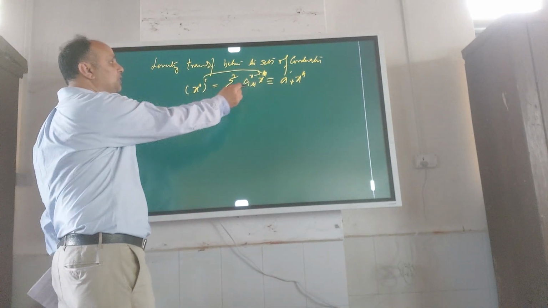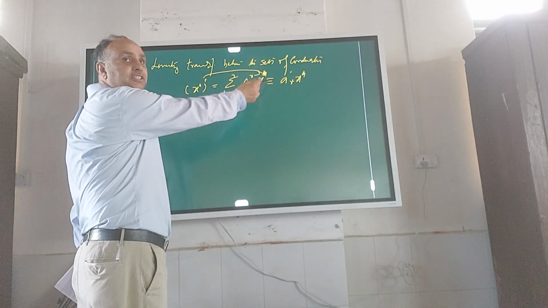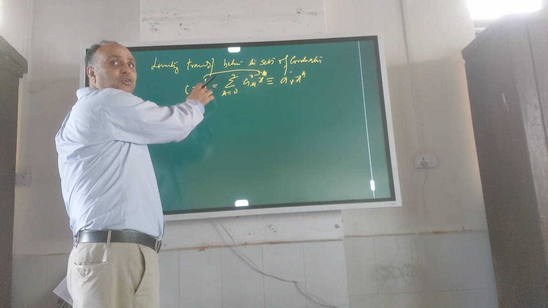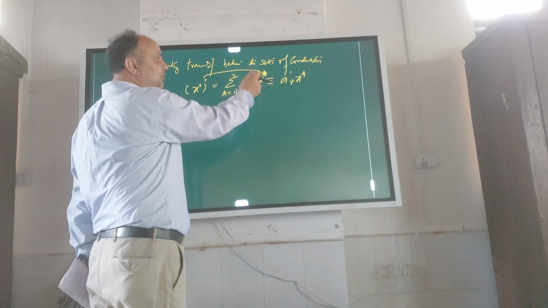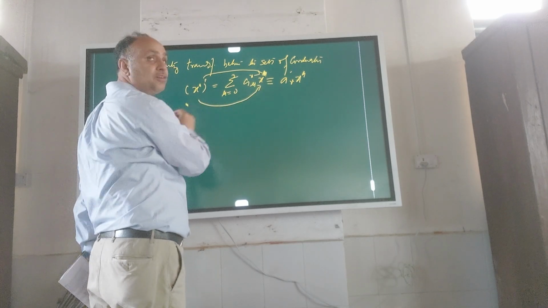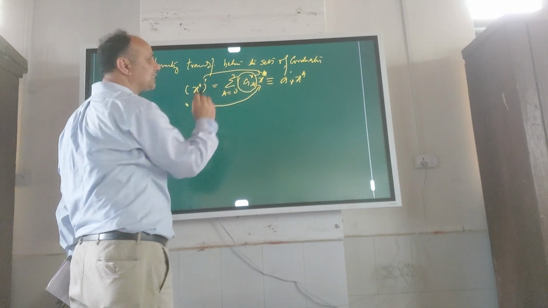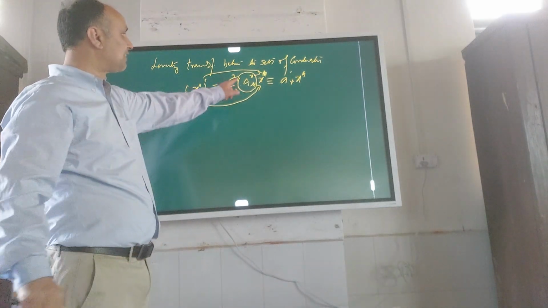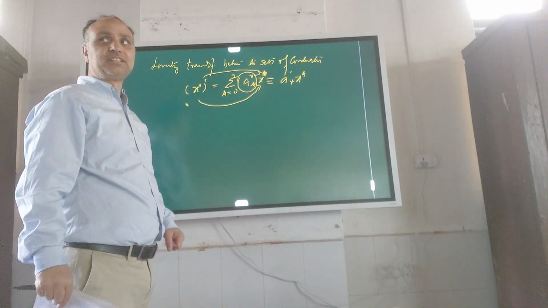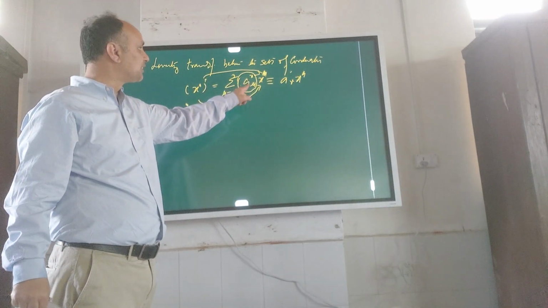So these are two space-time coordinates in the frame of observer O prime vis-a-vis observer O, mediated by this tensor or matrix.